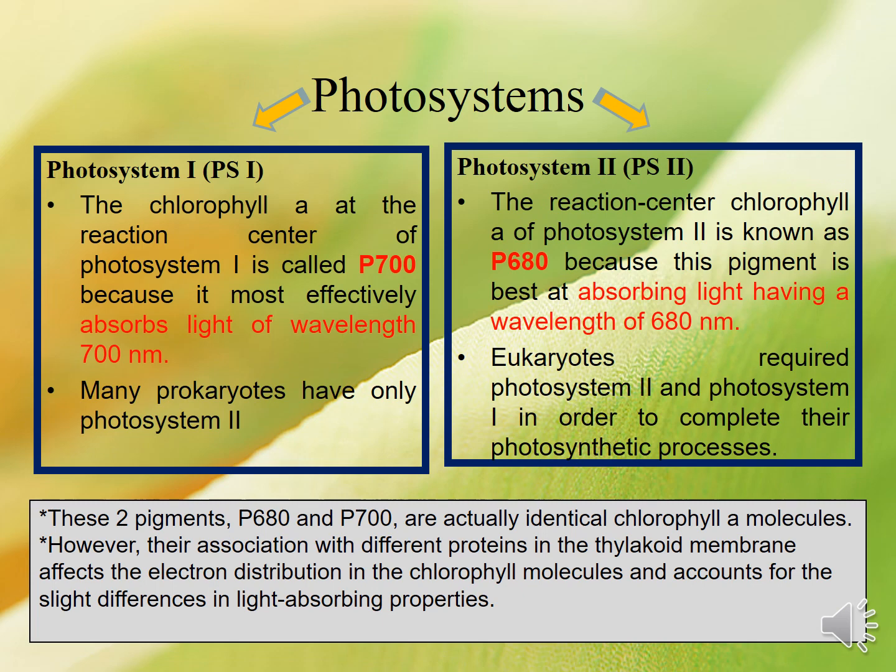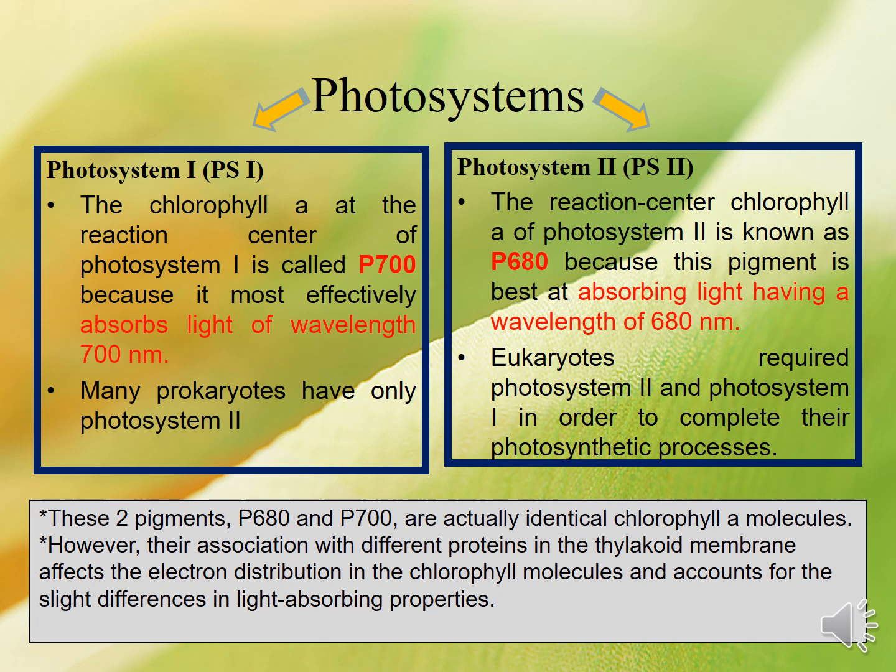For the photosystems, they have photosystem 1 and photosystem 2. As I mentioned before, they also have pigments, and different pigments are able to absorb different wavelengths.